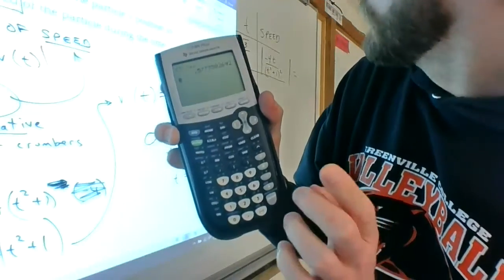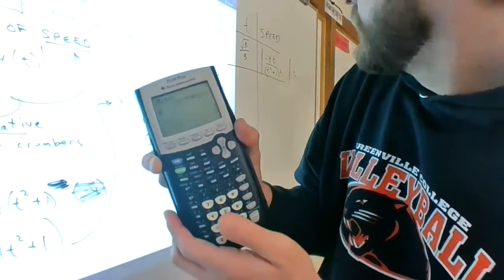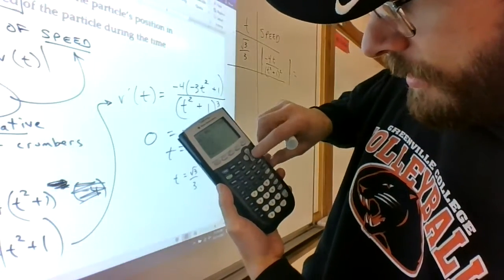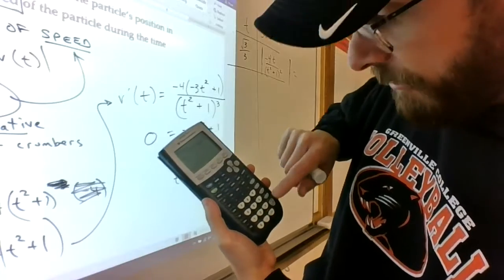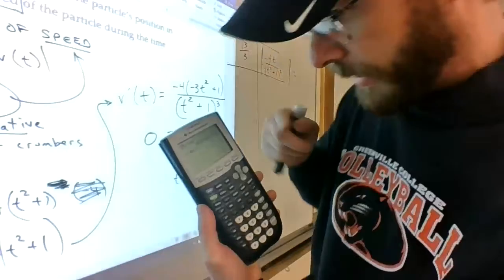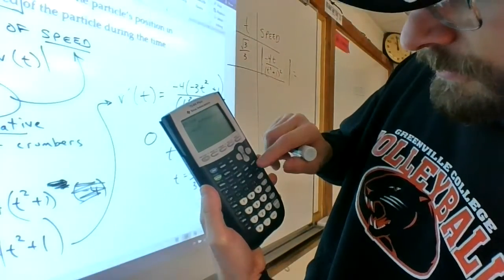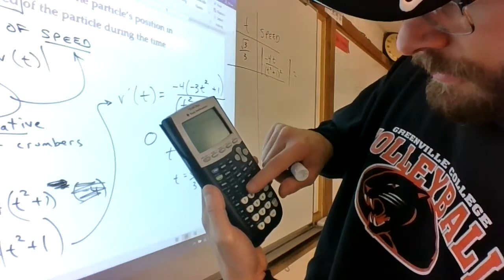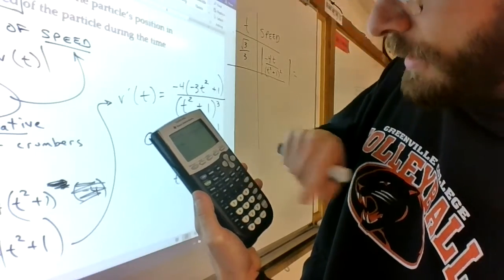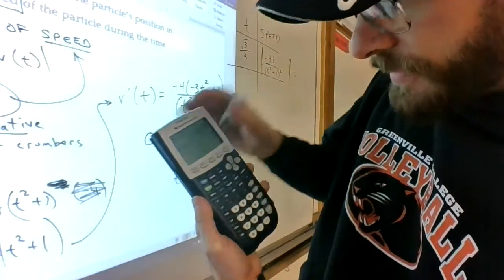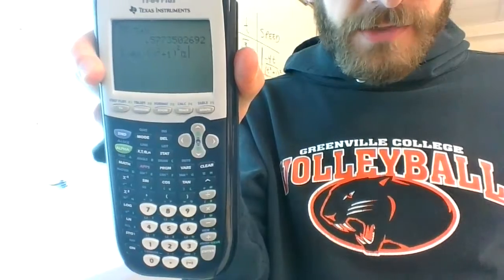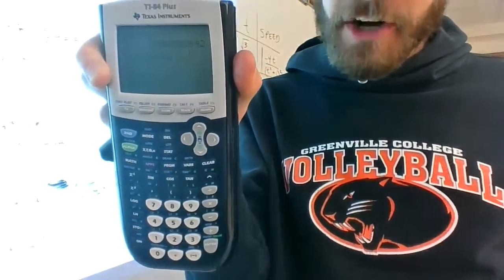And now, to avoid some of the clunkiness, we're going to take the absolute value, so math abs of -4x. It's going to plug in root 3 over 3 for me, divided by x squared plus 1, the entire quantity squared. So this is what I'm doing. I assigned root 3 over 3 to x, and then I'm plugging it into the speed function that I've got.